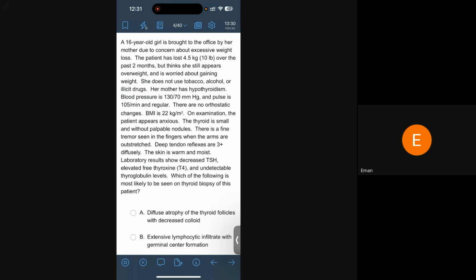And all the other symptoms, anxious, tremor, warm and moist skin, elevated deep tendon reflexes, weight loss, are symptoms of hyperthyroidism. The cause of hyperthyroidism in this patient is exogenous thyroid hormone.